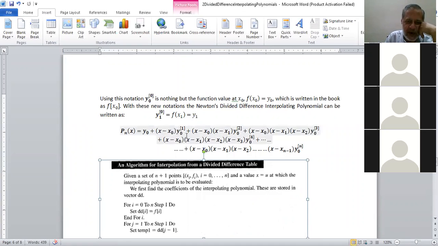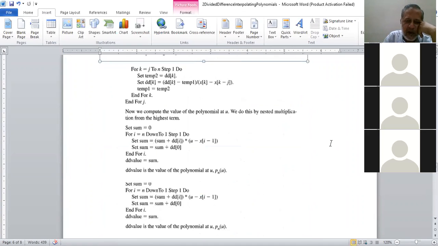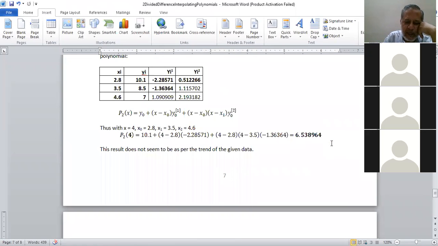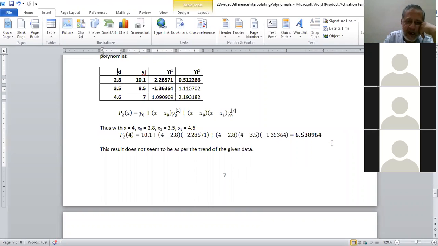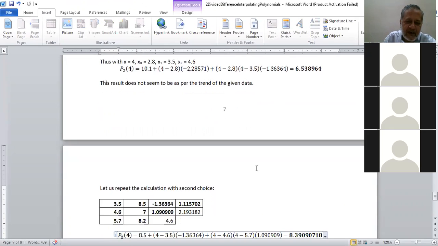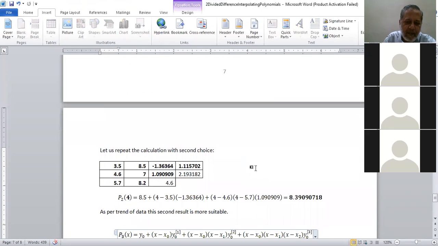First degree approximation के लिए यहाँ तक, second degree approximation के लिए यहाँ तक, third degree के लिए यहाँ तक. We also discussed कि हमें अगर second degree करना है तो हमने पहले वहाँ तो हमने सब कुछ सोच समझ के किया था एक्सेल शीट में, लेकिन यहाँ हमने दिखाया है कि अगर सेकेंड डिग्री के लिए मैं फर्स्ट 3 पॉइंट इस्तेमाल करूँ तो मेरे रिजल्ट रीजनेबल नहीं है, लेकिन नेक्स्ट 3 पॉइंट इस्तेमाल करूँ तो मेरे रिजल्ट डेटा स्कैटर के हिसाब से बेहतर है.